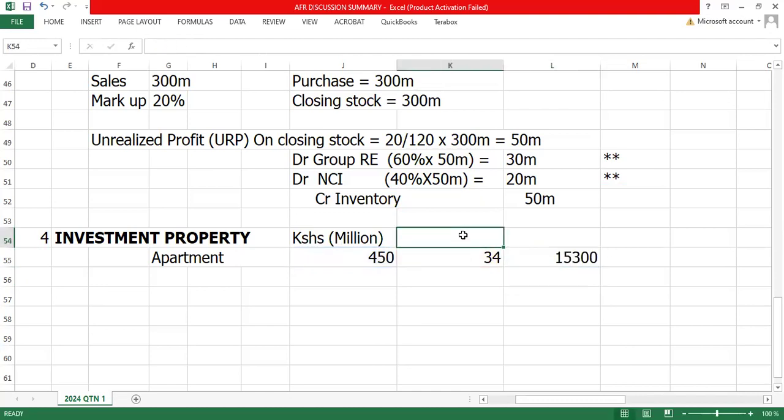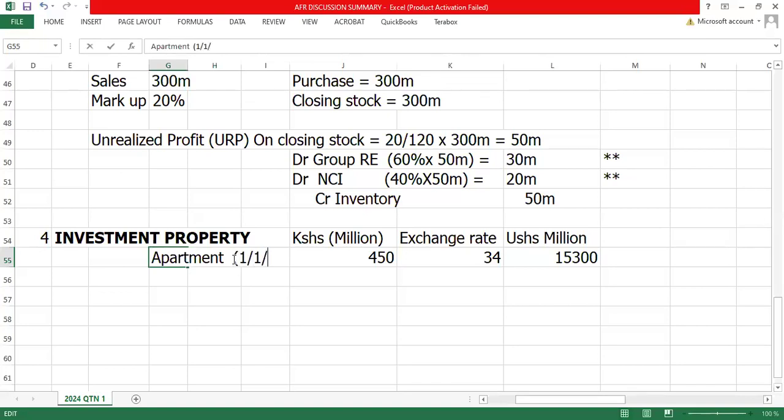In the records, you have that in Ugandan shillings, as at 1st January 2023.